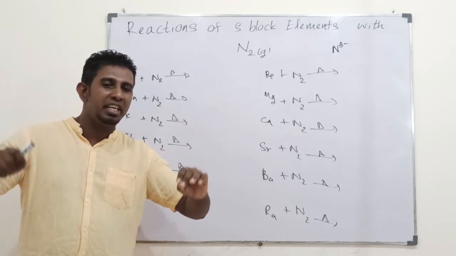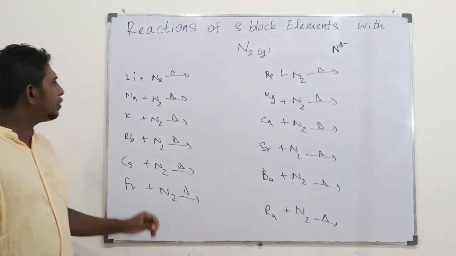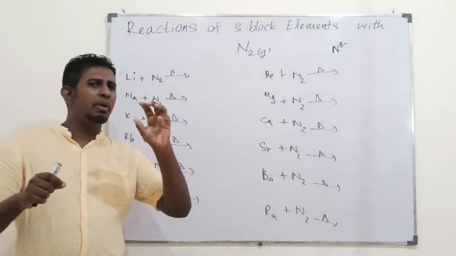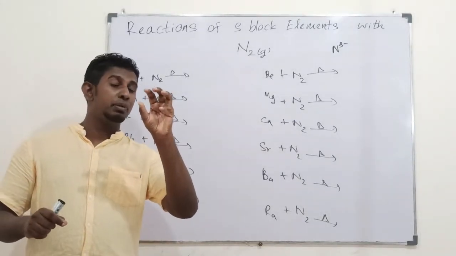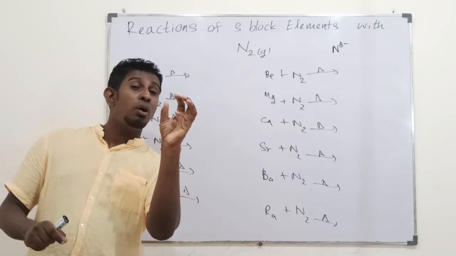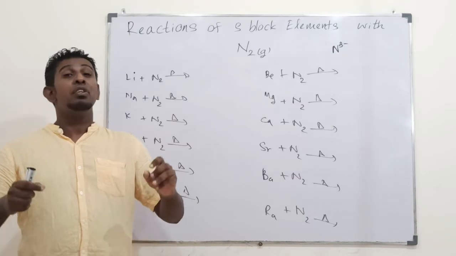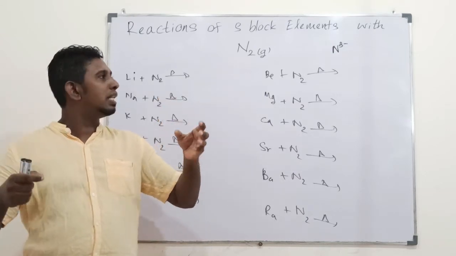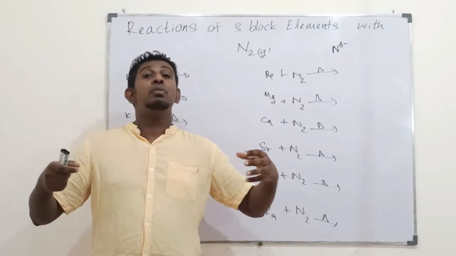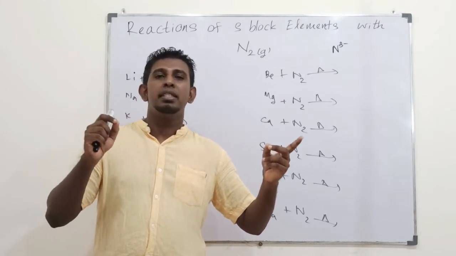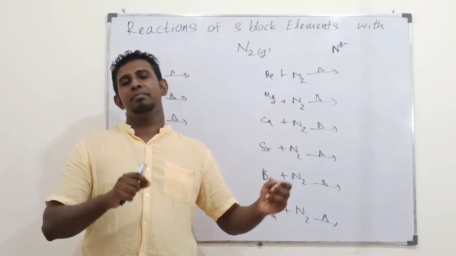Anyway, the top one has a very small radius. Therefore, it would barely be able to control that, and would be able to form a stable nitride.